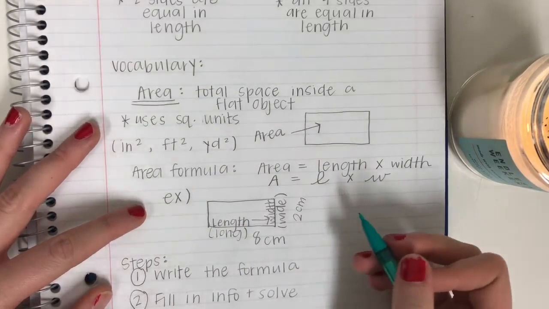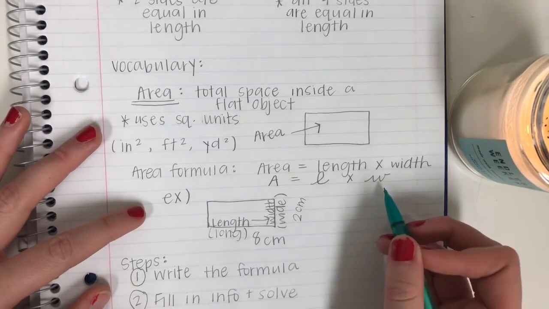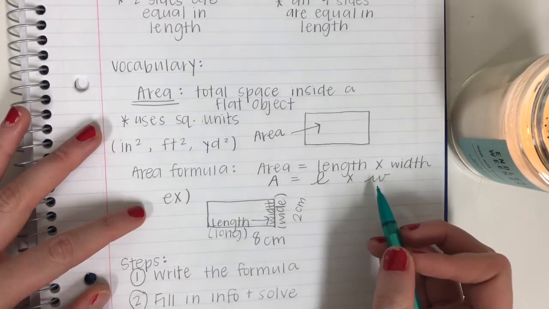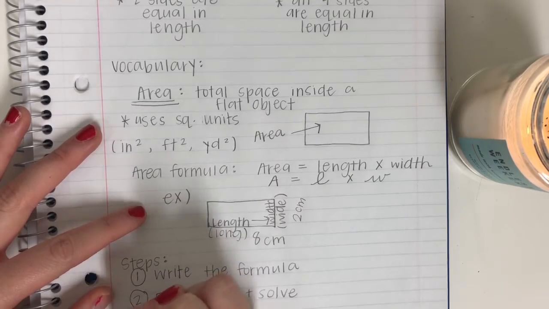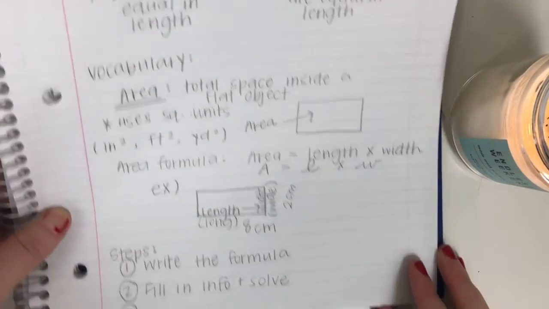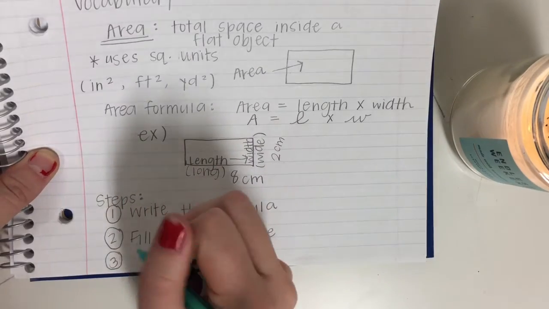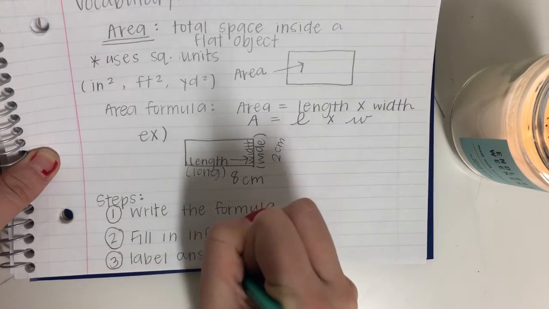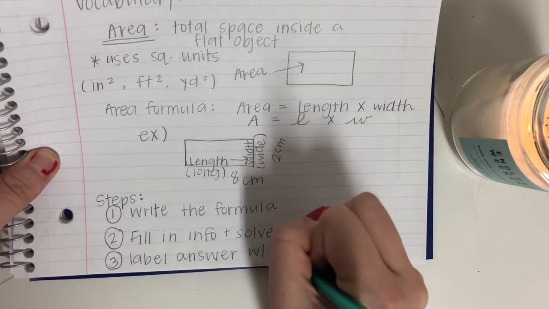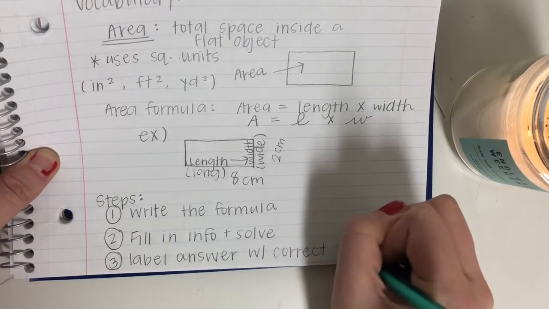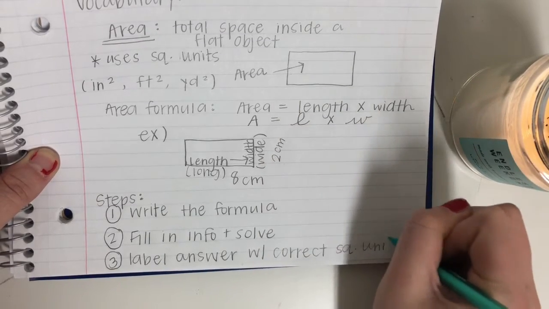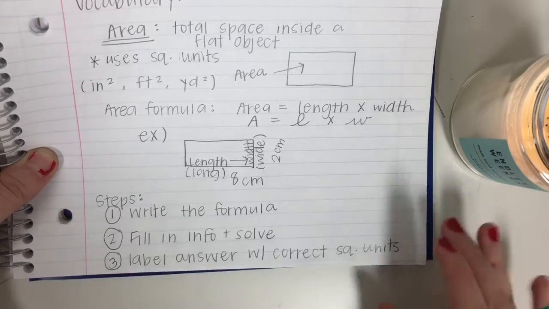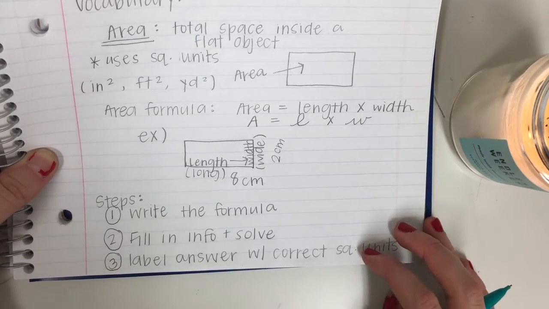So then we take what numbers we're dealing with and we fill them in. So we would put 8 where the L is, and then 2 where the W is. And then step 3, which is really important, we don't want to miss this part, is label answer with correct squared units. And that's really important because if you miss this step, you'll get the problem wrong, especially on the SBAC. So step 3 is super important.